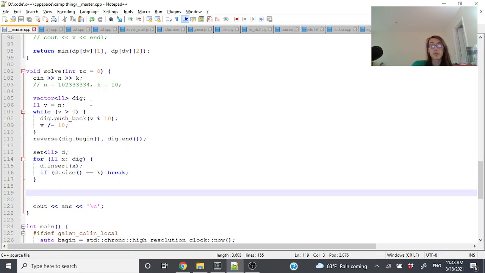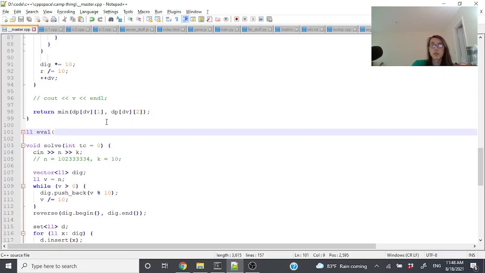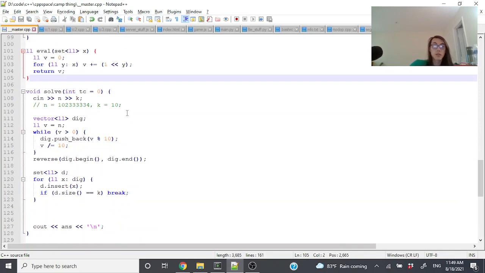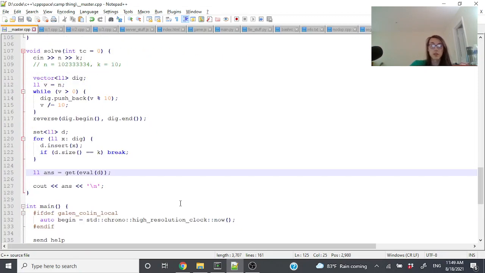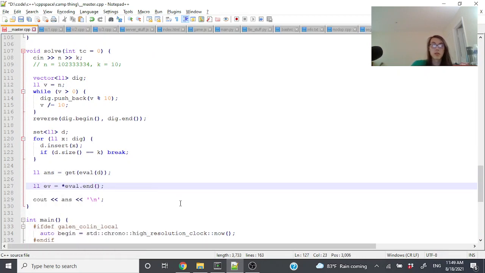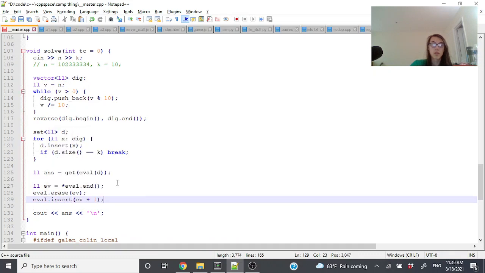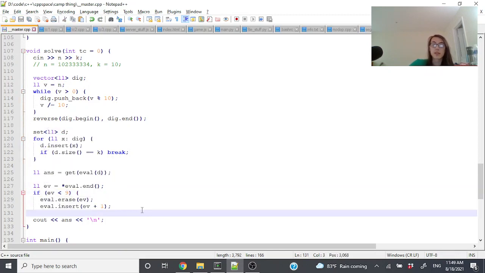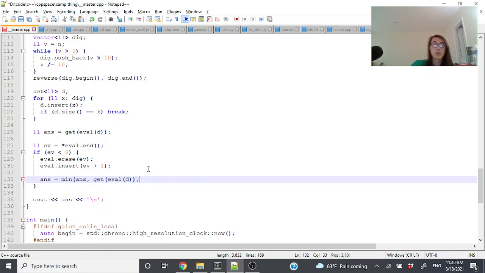Now v plus equals 2 to the y. So it's possible that it doesn't work, in which case we can take the last digit we used and increment it by 1, and then that will work. Pretty sure.